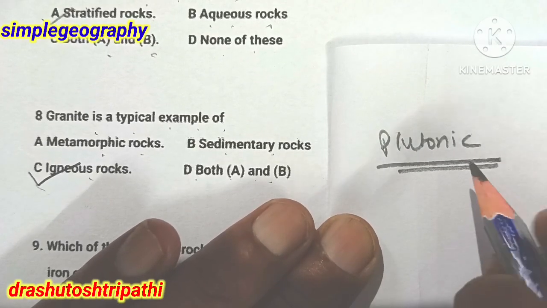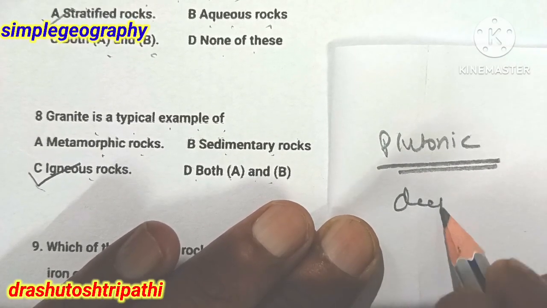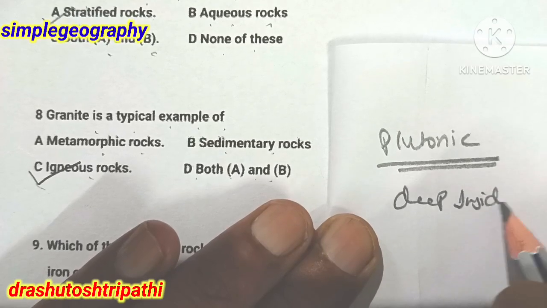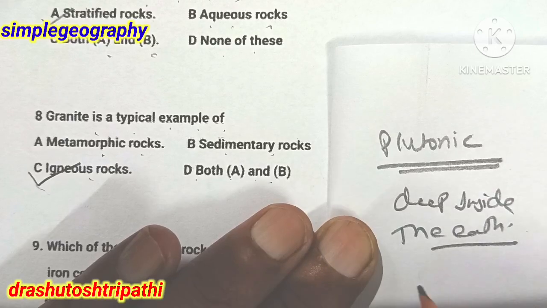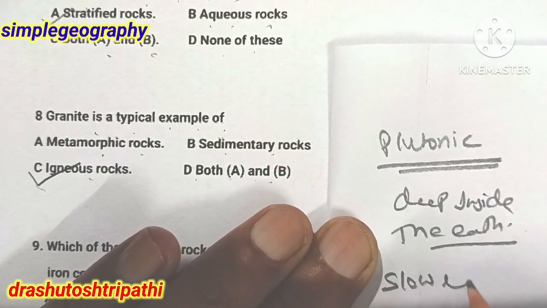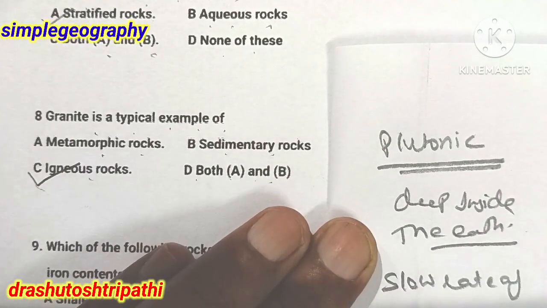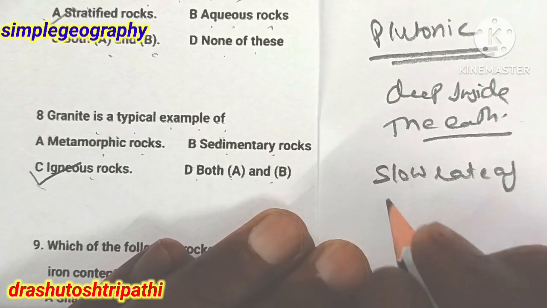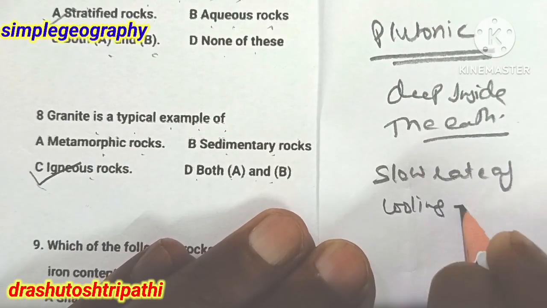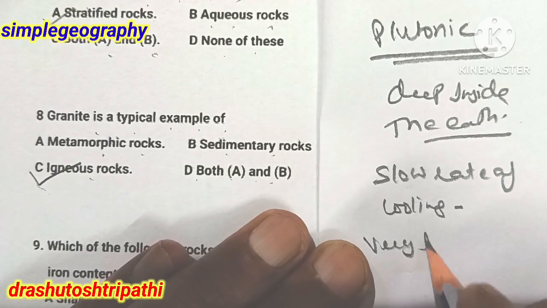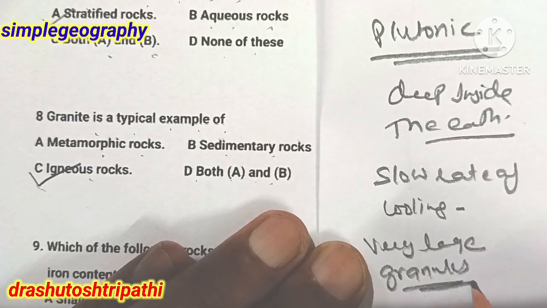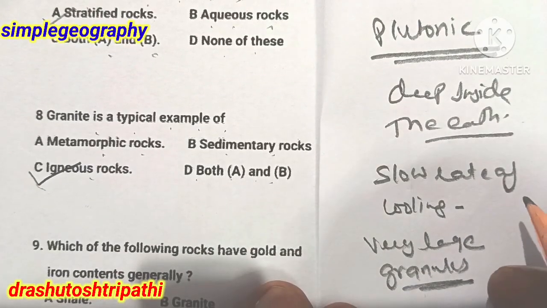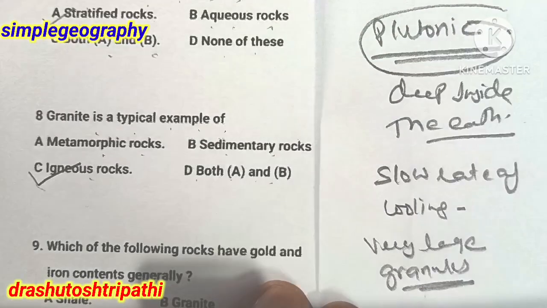Plutonic means these are formed due to the cooling of magma deep inside the earth. Due to the extremely slow rate of cooling, these rocks have very large crystalline granules. So that's why granite is a plutonic type of igneous rock.